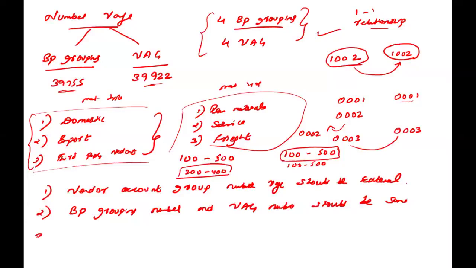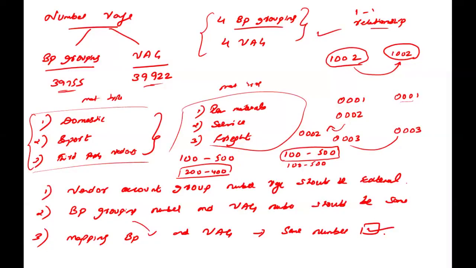Okay. The third condition. When you're mapping BP grouping and vendor account group, there is an option called same number that needs to be enabled. Okay.